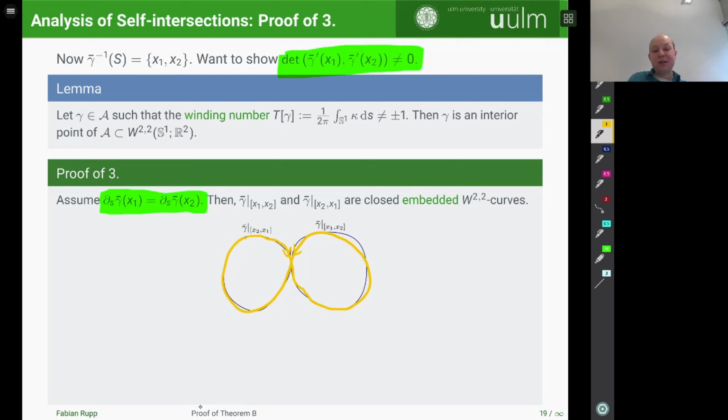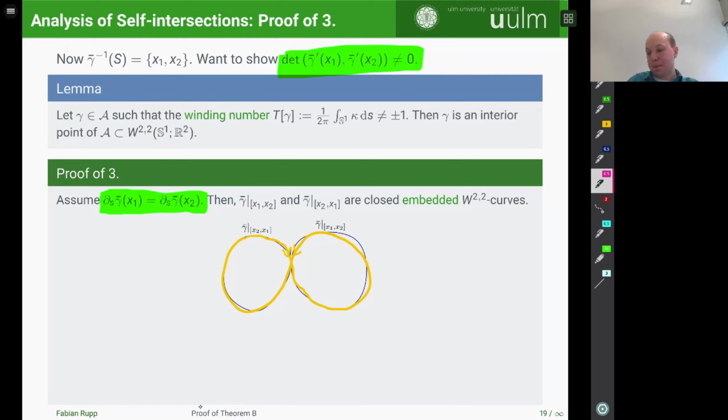If we now split it up into two curves, they are both closed curves, and they are embedded because we have already proven that S consists only of a single point. So there's only one self-intersection. If we split it up into two curves, gamma bar restricted to x1, x2, and gamma bar restricted to x2, x1, then those two curves are embedded closed planar curves.